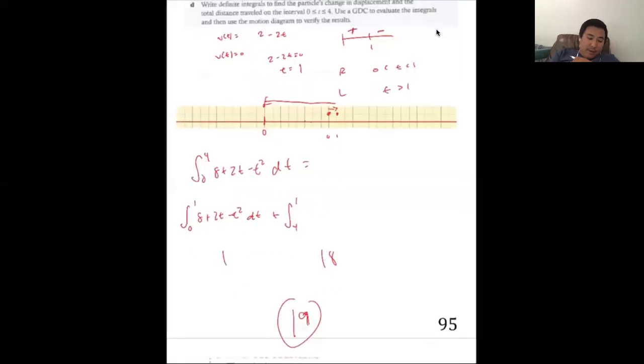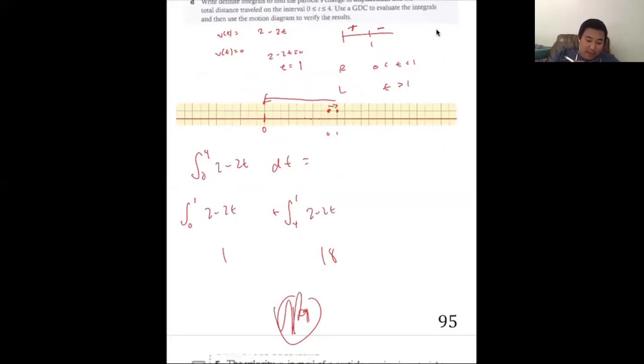That's what I'm doing now. I'm taking the antiderivative of the displacement function. It should have been 2 minus 2t. And then there you go. That will get you your 2 answers. Type into your calculator and see what you get.